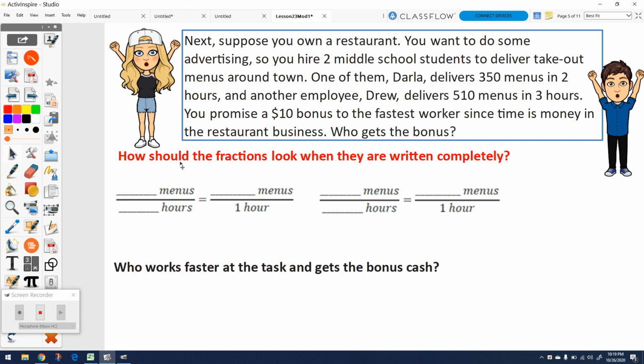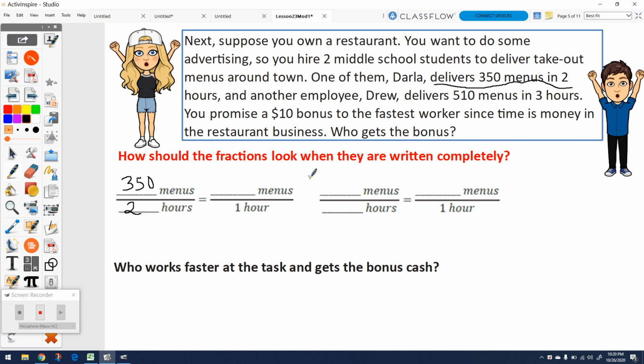When we write our fractions out completely, we are going to first take a look at our friend Darla, and Darla can do 350 menus in 2 hours. So we need to go ahead and write 350 as our menus, and we know that is in 2 hours. So 2 goes in the bottom in our denominator.